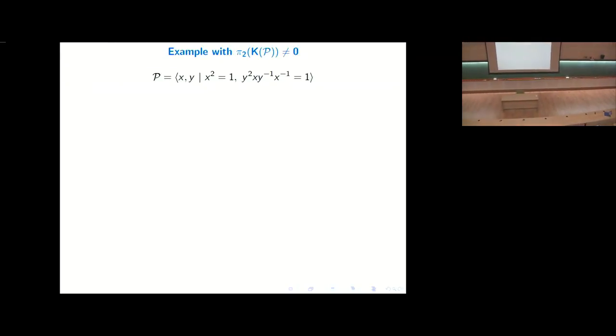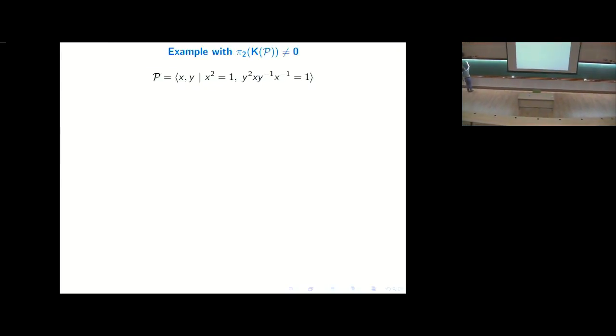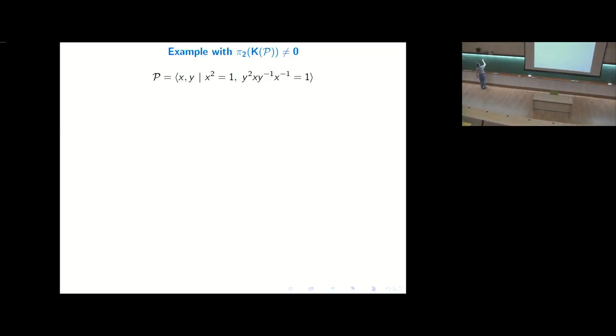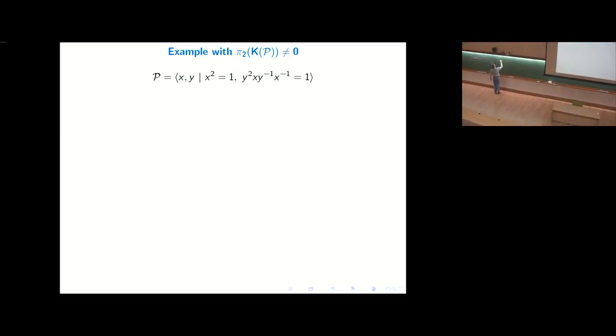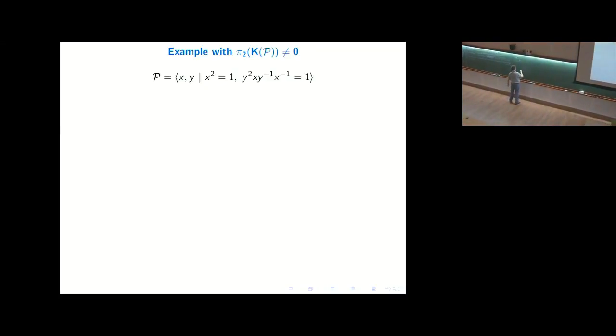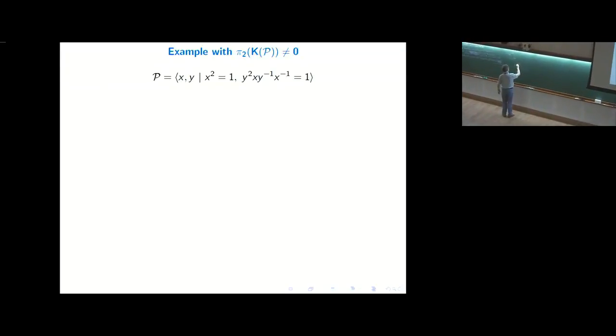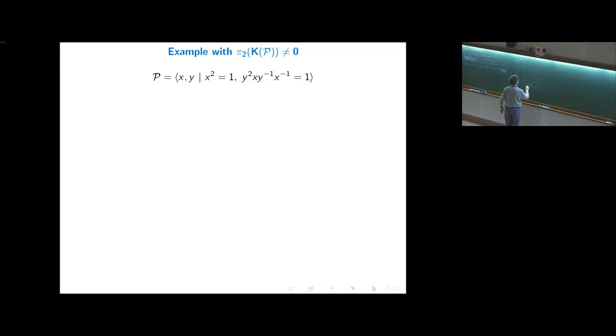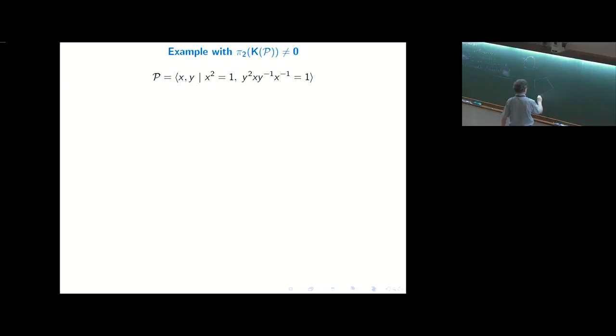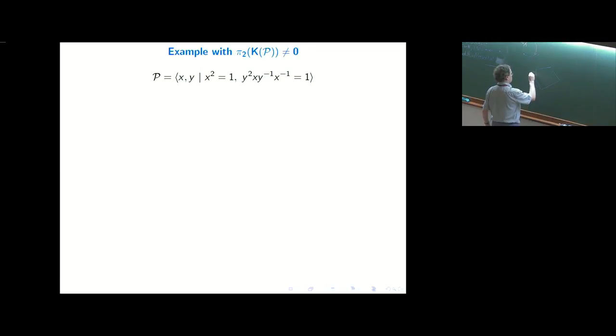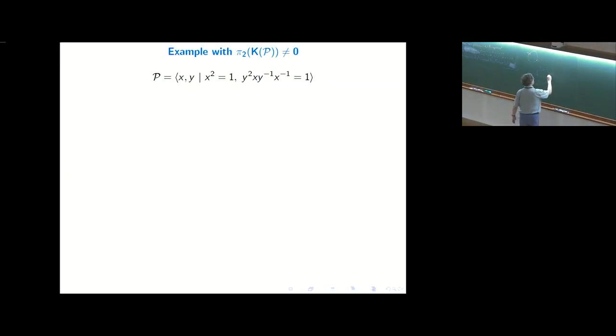One relator is x squared, which I'll record like this. And the other relator has 5 terms in it, and it's y squared x times y inverse x inverse.